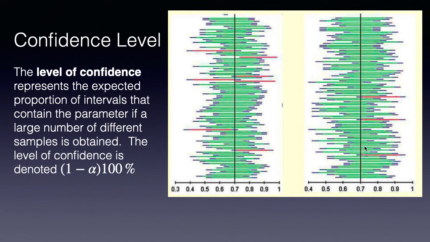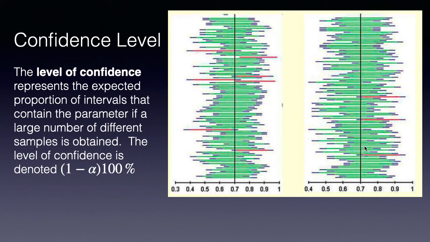So that means that according to my confidence level, according to this definition, 190 of those confidence intervals should contain the true population proportion, which means that 10 of them won't.